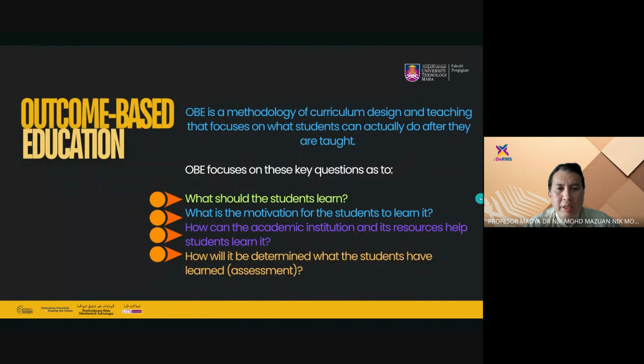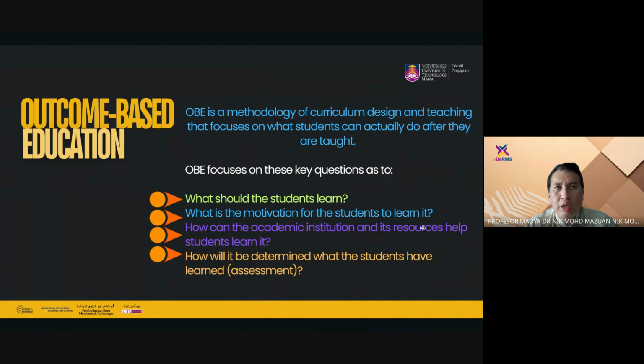So the next one is outcome-based education, OBE itself. OBE is about curriculum design and teaching that focus on the student, on what the student can actually do after they are taught. There are a few focuses, starting with the question: what should the students learn?